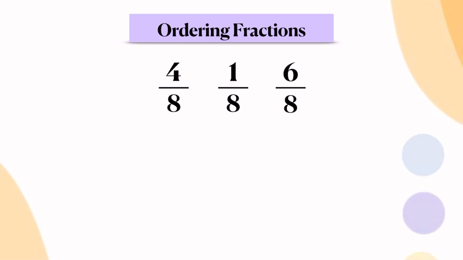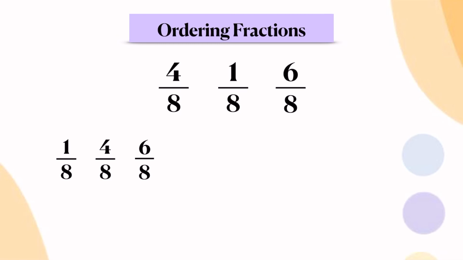Because we have the same denominator. So what you can do is compare the numerators 4, 1, and 6. Now I want you to order these fractions from the smallest to the biggest. So we have 1 over 8 first, and then 4 over 8, 6 over 8.